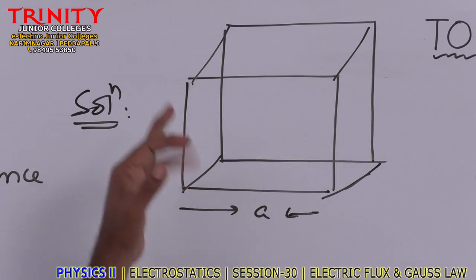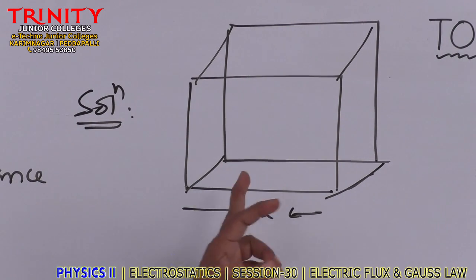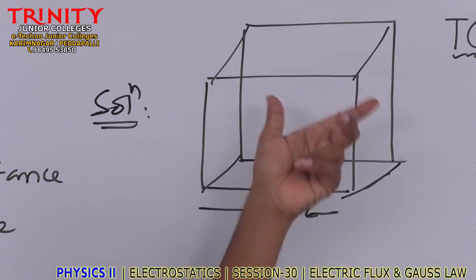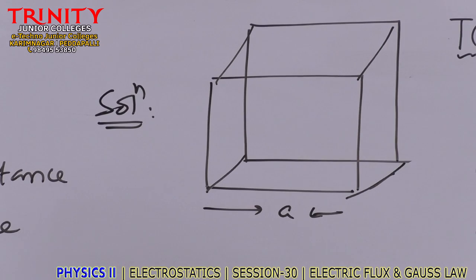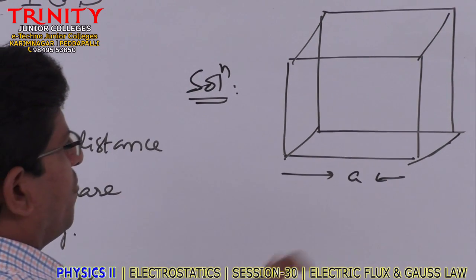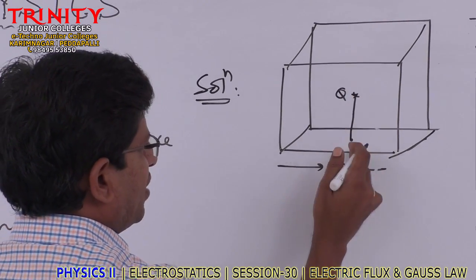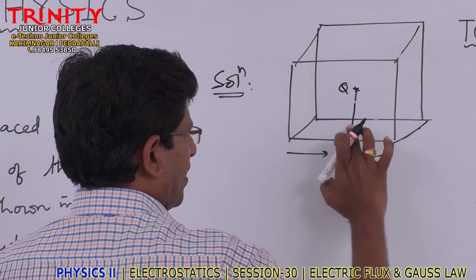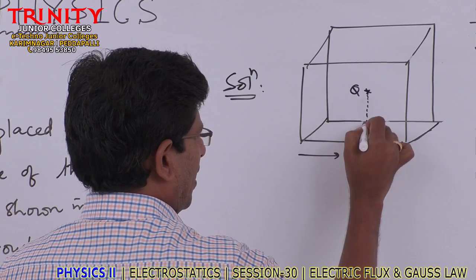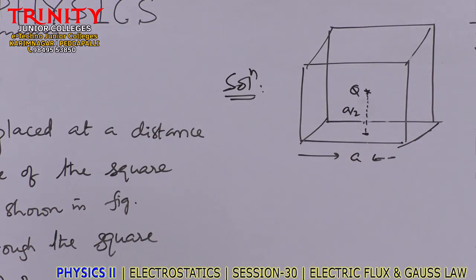How many faces is it having? 6 faces: top and bottom, the 2 side faces, and the front and the back. So there are 6 squares you can imagine. Now, where is the charge here? The charge is at a by 2, means this height is also a. A by 2 means exactly at the center of the cube, you can imagine.